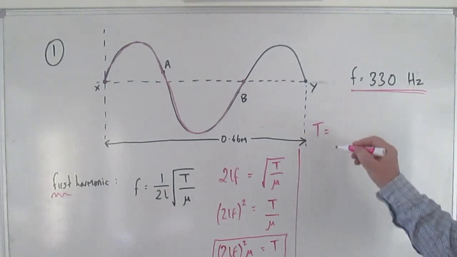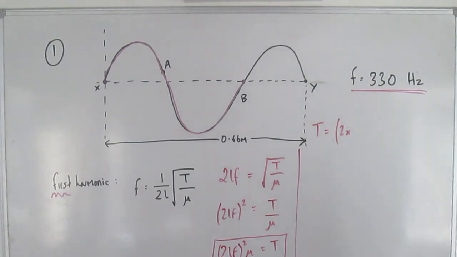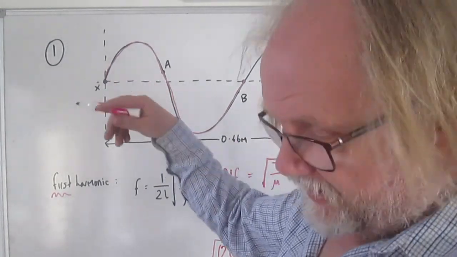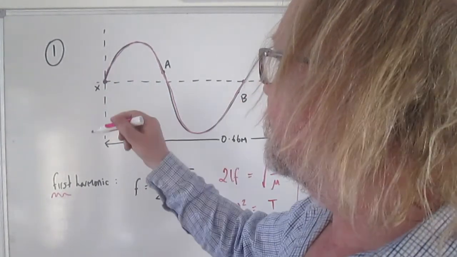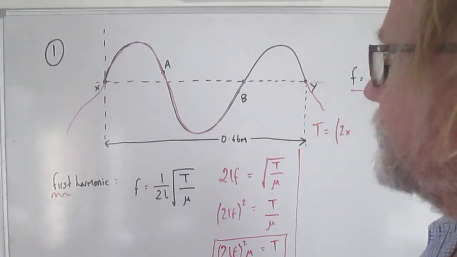We get T equals 2 times, now L, you've got to be very, very careful about L, because it's not the total length of the string. Remember it said the total length of the string was 0.91 meters, but some of the string is hanging off the end here.